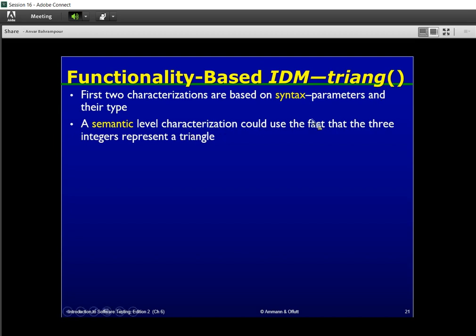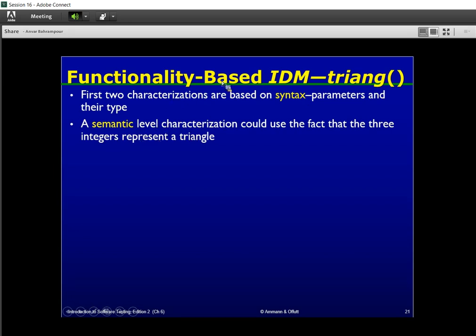should be considered about the syntax of the parameters of the method, and we could use the fact that the 3 integers represent a triangle. As we know, the functionality of this method is the detection of the type of the triangle, so we have a syntax-based characterization, and we could have semantic characterization.